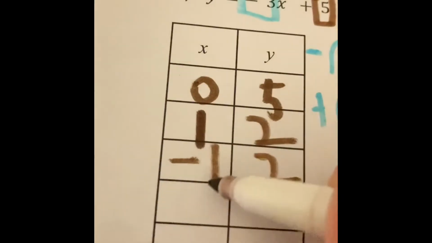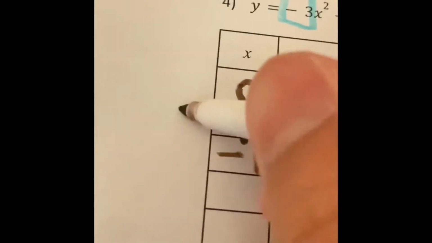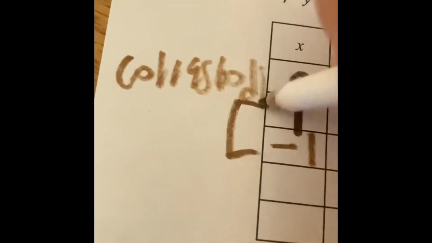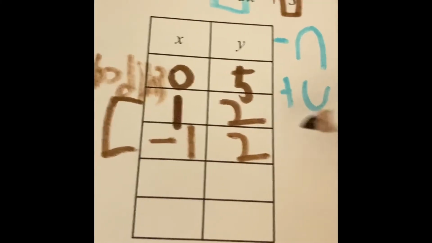So going back to the original problem, when we have 1 and negative 1, both give us positive 2. These pairs are called corresponding, when a positive and a negative multiplied give the same answer.